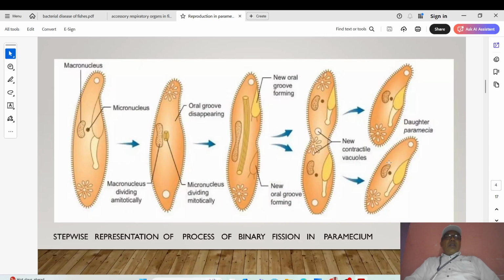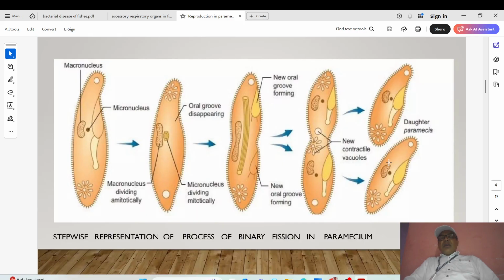See in the figure how the macronucleus disintegrates and the micronucleus divides by mitosis. The oral groove completely disappears, and after the separation, a new oral groove is also formed, and two daughter nuclei divide and shift to opposite poles.